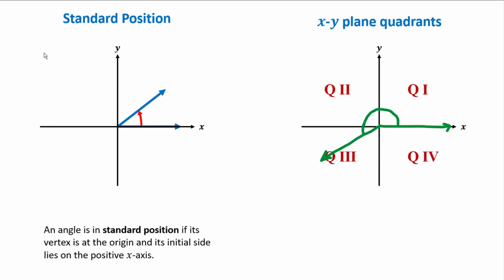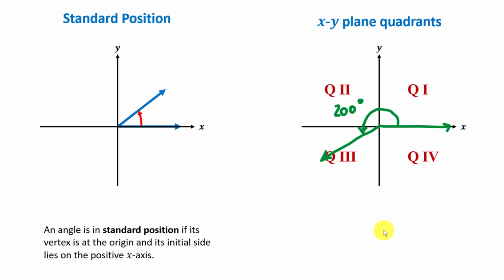And here is its terminal side, so 200 degrees. What I can say about the 200-degree angle is that it terminates in quadrant 3. So we say an angle terminates at the quadrant where its terminal side is.